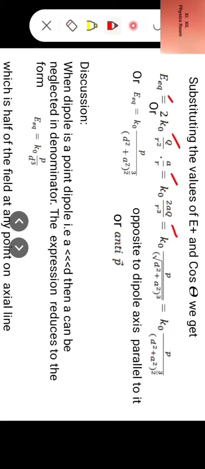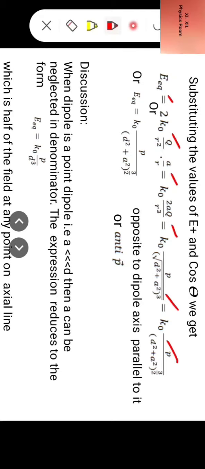Now we substitute the value of R equal to under root D square plus A square. So we get E equatorial as K naught P divided by under root D square plus A square within bracket power 3, or we can write it as K naught P divided by D square plus A square within bracket power 3 by 2.